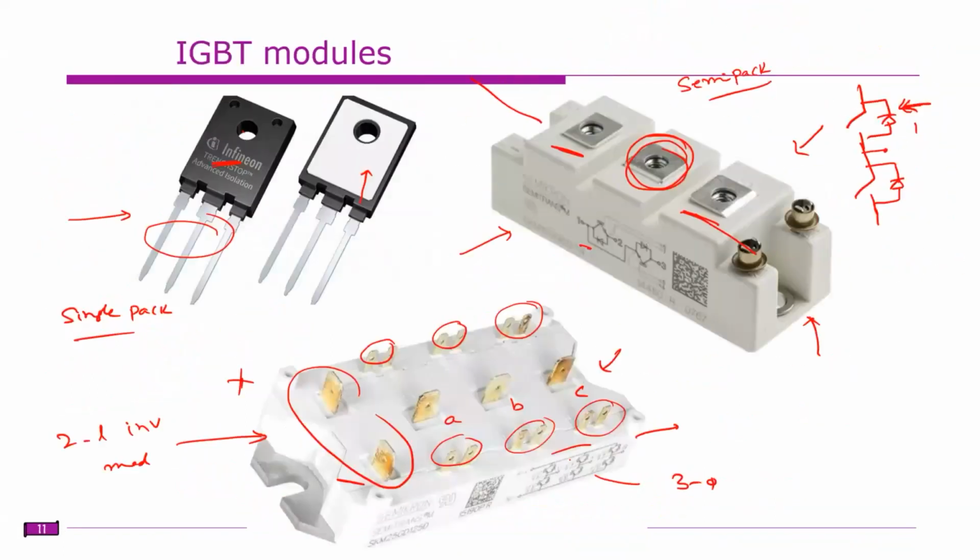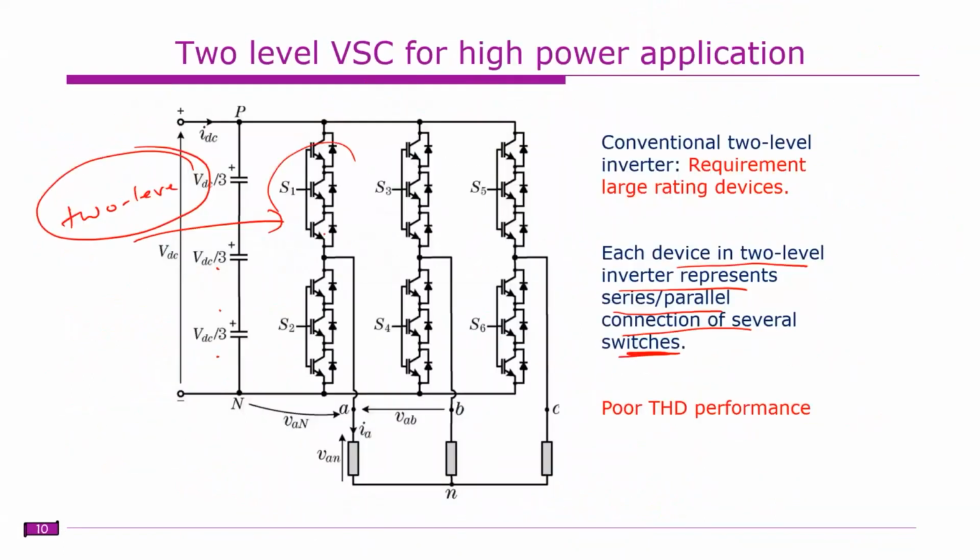Since you are connecting several devices in series, the size of each switch will increase, and the rating of the filter circuit also increases. Still, there is no change in performance. Whether it is a two-level inverter for low power or high power applications, there is not much change.